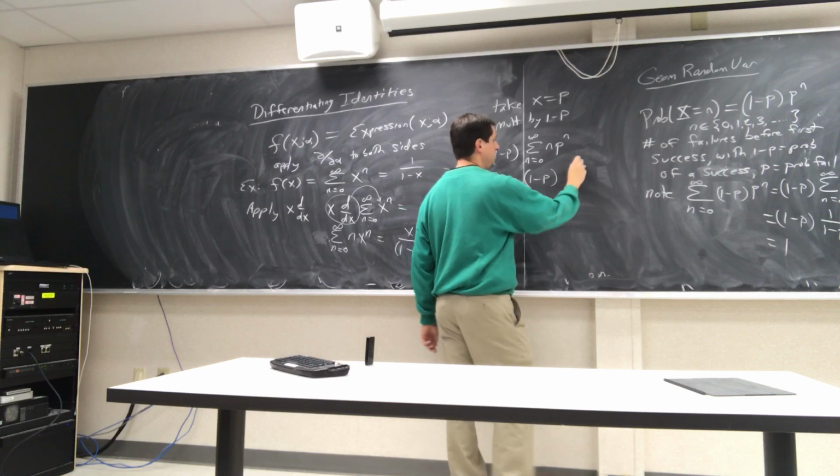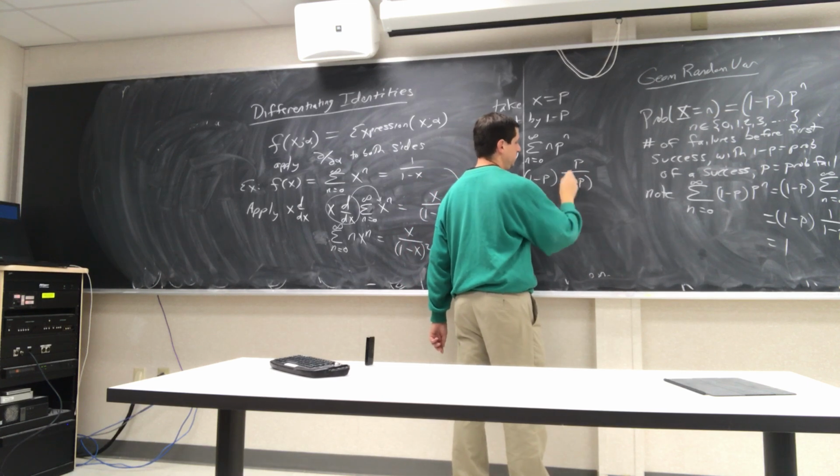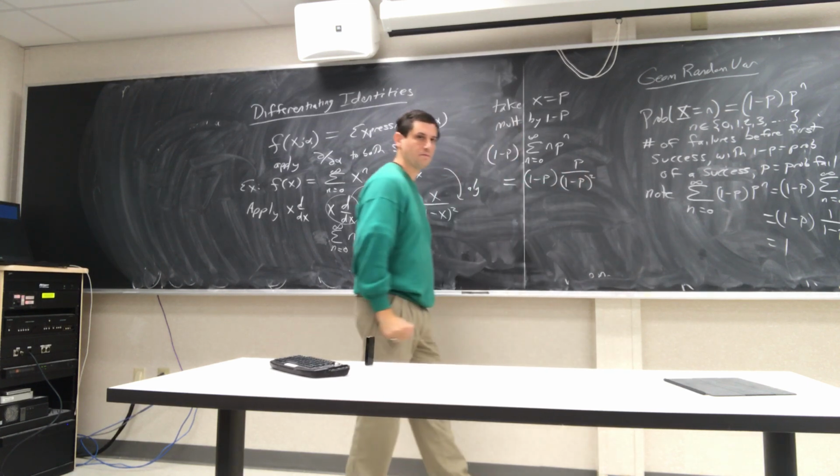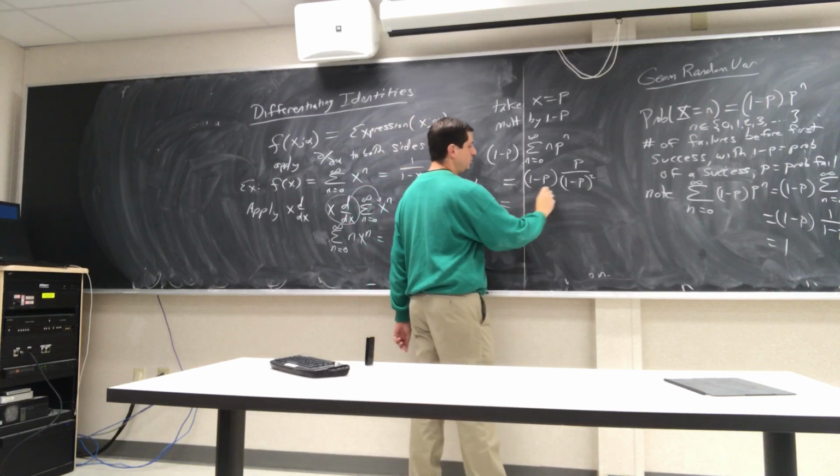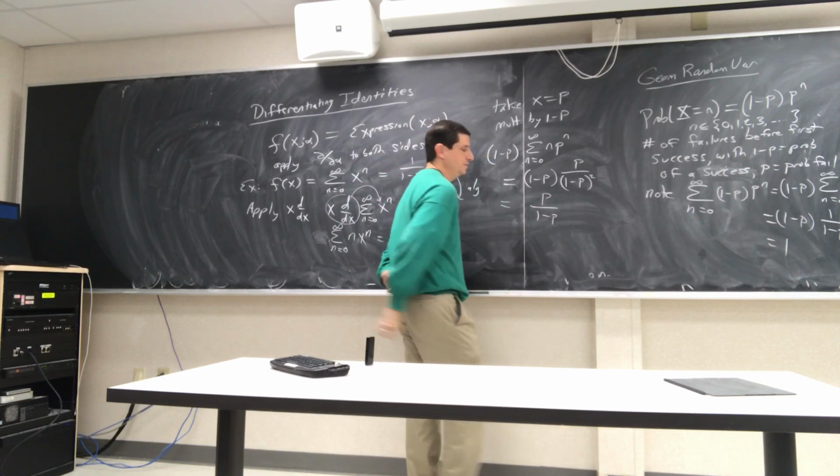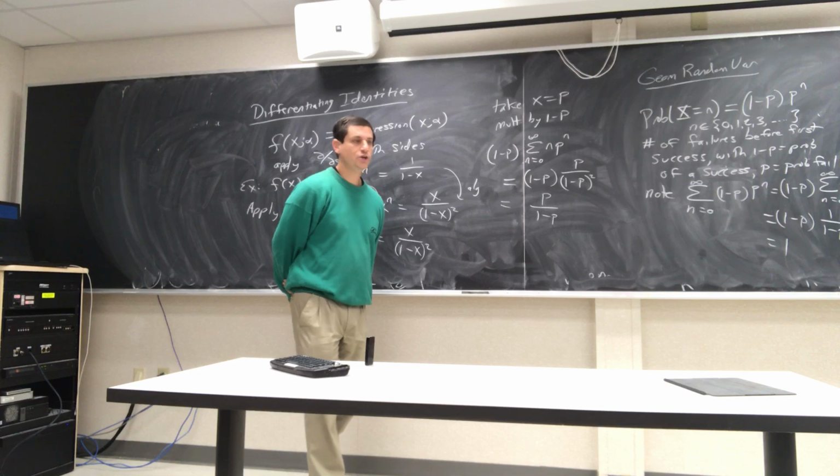Now x is equal to p, so we get p over 1 minus p, so this is the mean of a geometric random variable.